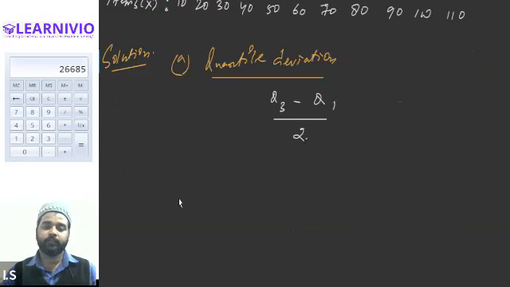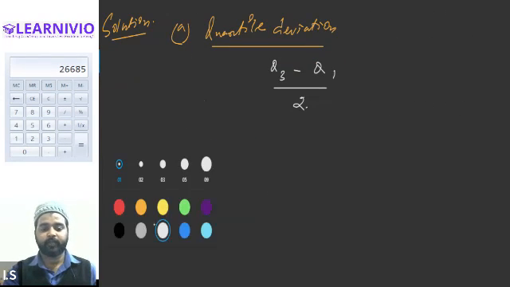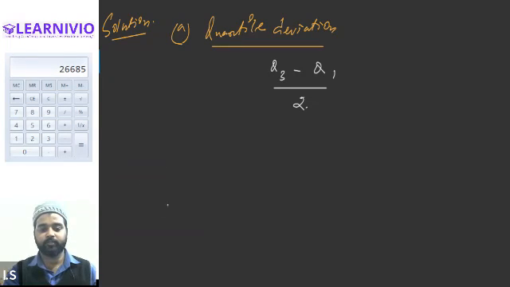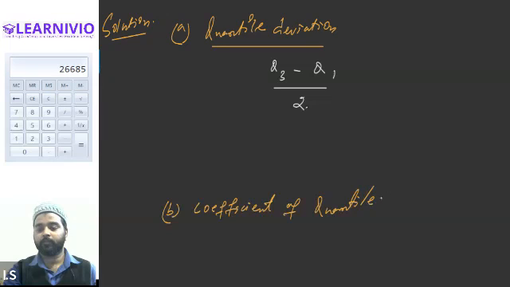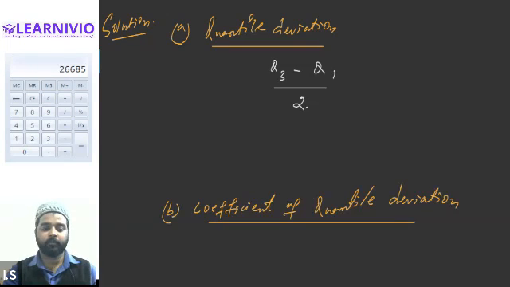The formula for the coefficient of quartile deviation is Q3 minus Q1 divided by Q3 plus Q1.